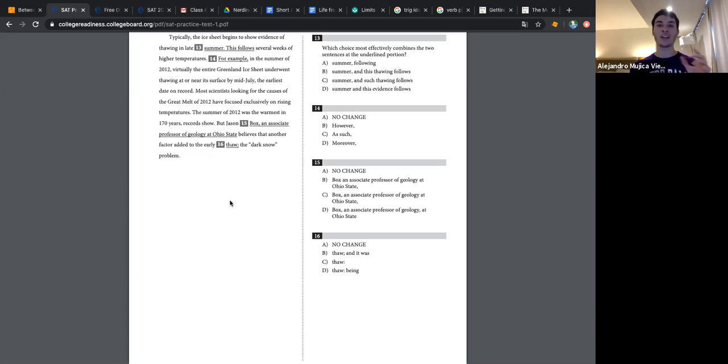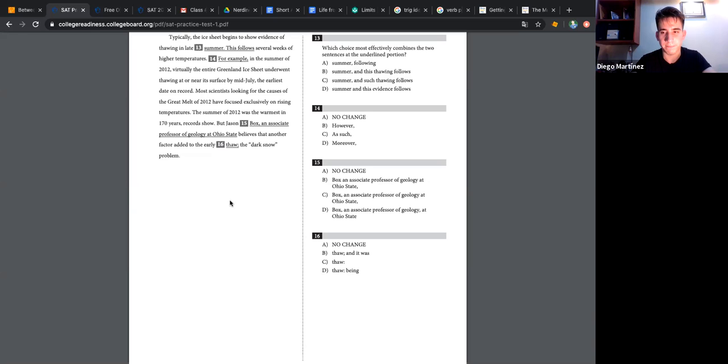So we're between A and C. And the way we define this is looking at the two clauses: are they equivalent, or is there a subordinate relationship between them? And what we see is that this second clause, the dark snow problem, is explaining or is an example of what we're talking about before. Does that make sense? Yeah.